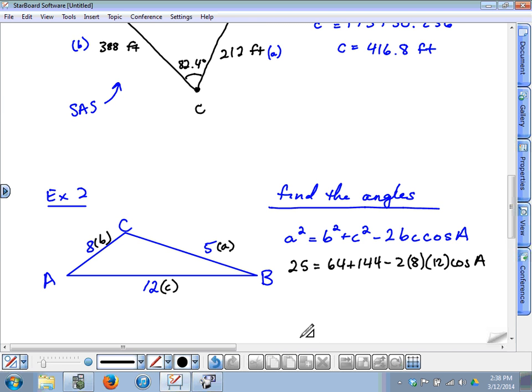And we have to think ahead and anticipate here. What is it going to take to find angle A? Well, eventually we're going to have to use an inverse cosine because angle A is inside a cosine function. So before we can take an inverse cosine, we have to isolate this cosine function right here. So we need to move everything else to the other side of the equation.